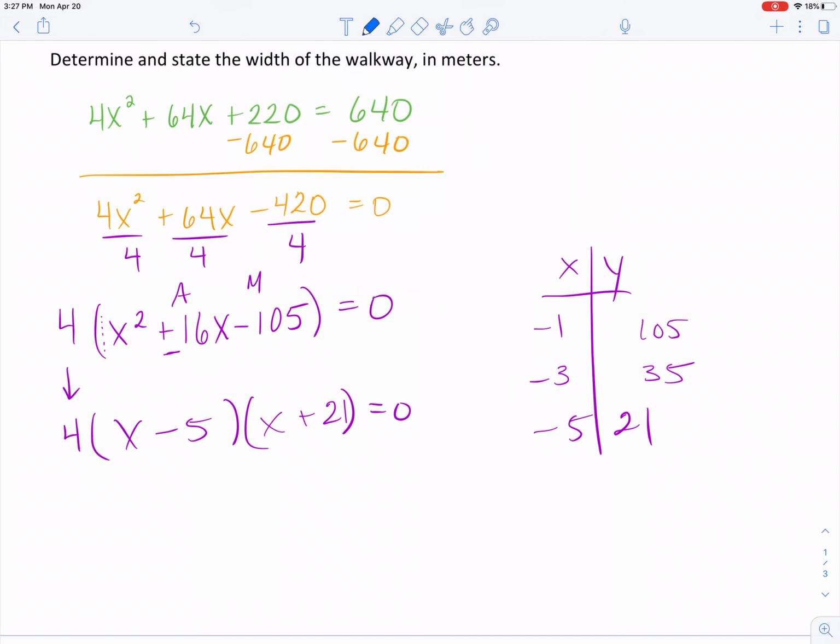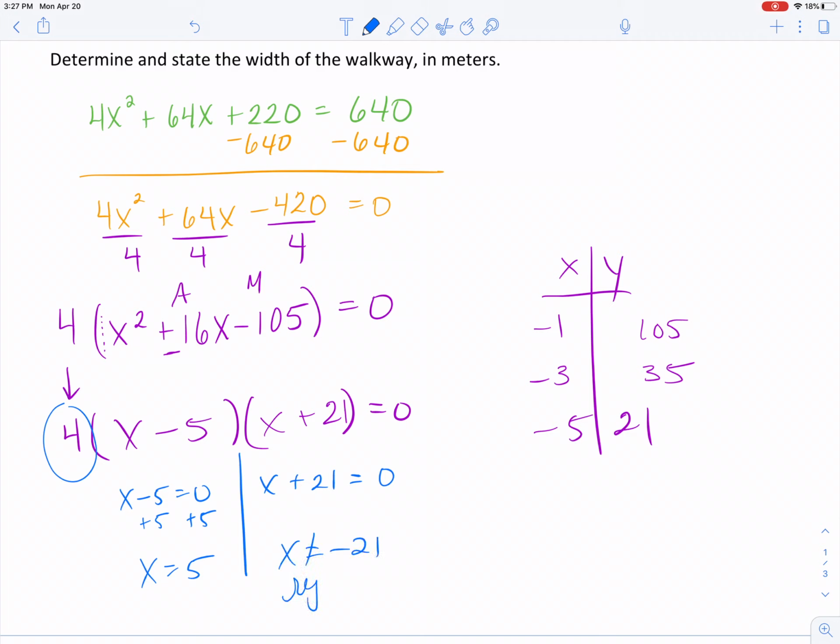Now I'm going to tee it up because this factor 4 can't equal 0. There's no variable. We only set the factors equal to 0 that have a variable. And the first one gives me that x is equal to 5. This one gives me x is negative 21, which we could reject because you can't have a negative width.